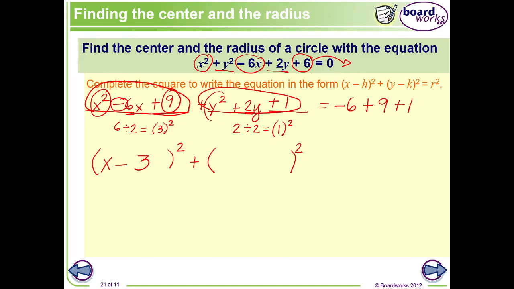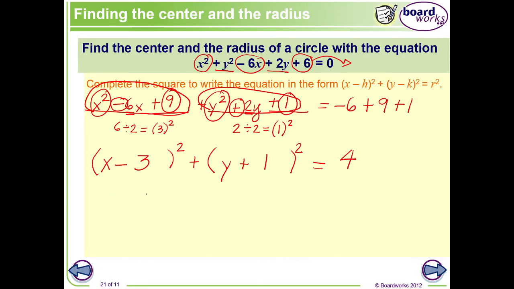What's the square root of y squared? Y. Sign of the middle term? Positive. Square root of 1? 1. Now, what is negative 6 plus 9 plus 1? 4.